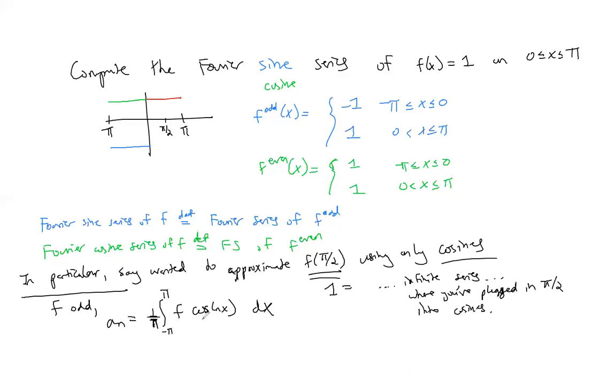And then you can reason why this has to be 0, right? This is odd, this is even, which means together they form an odd function. And an odd function integrated from negative pi to pi is going to equal 0.